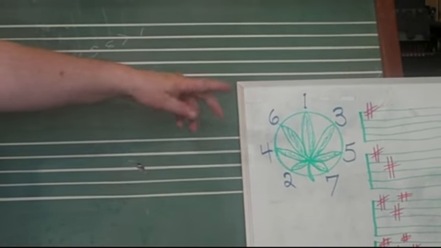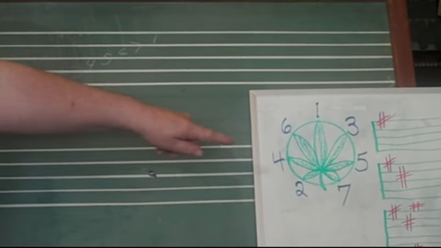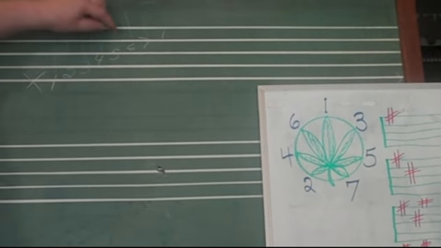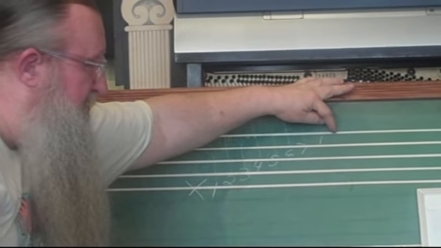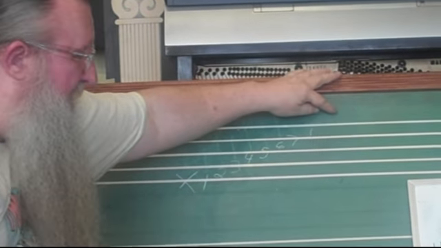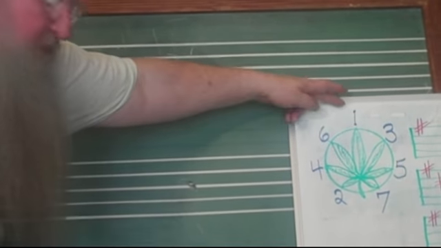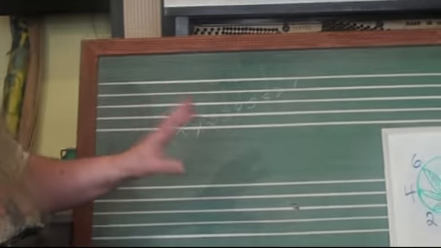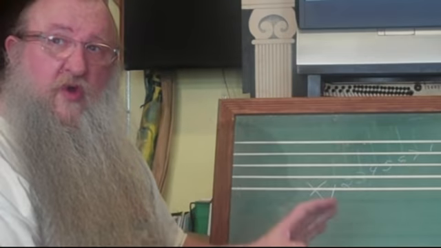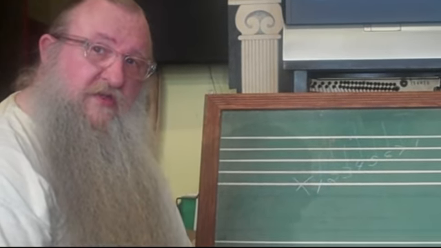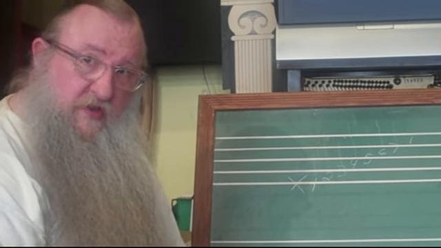If we were to skip from there to the next line, it would be the number 7. The next line, if we continued this pattern from 7, would be 2, and the line above that would be 4, and the line above that, 6, and then it returns to 1. So this pattern happens over and over and over, and this pattern is called the circle of thirds.